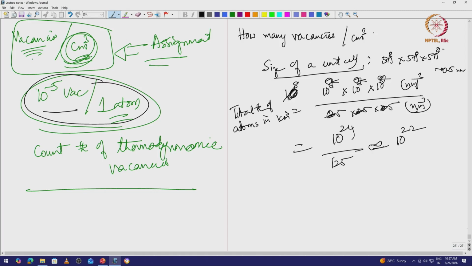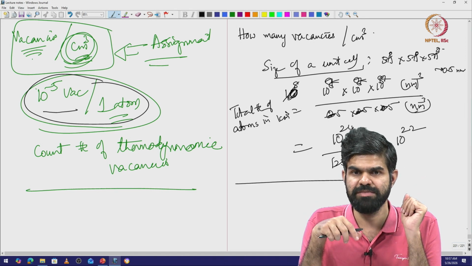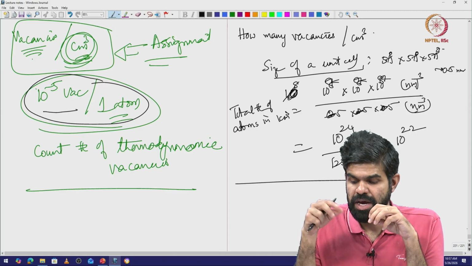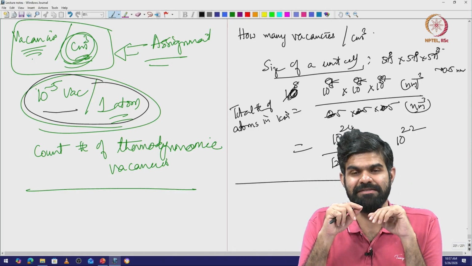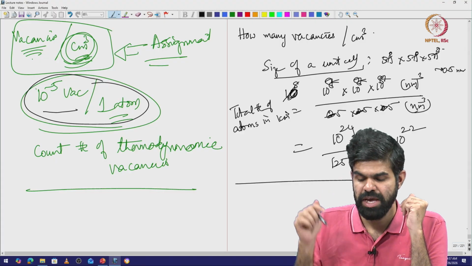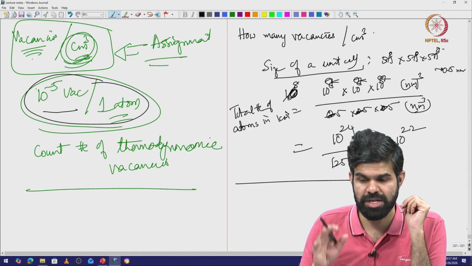You can compare it with what the Avogadro number is. This is a solid, so you do not need to have Avogadro number of atoms in 22.4 liters, but compare these numbers with how many molecules a gas has, right. So at STP, okay, but this is a solid, so we made this calculation based on the assumption that this is a solid, okay.